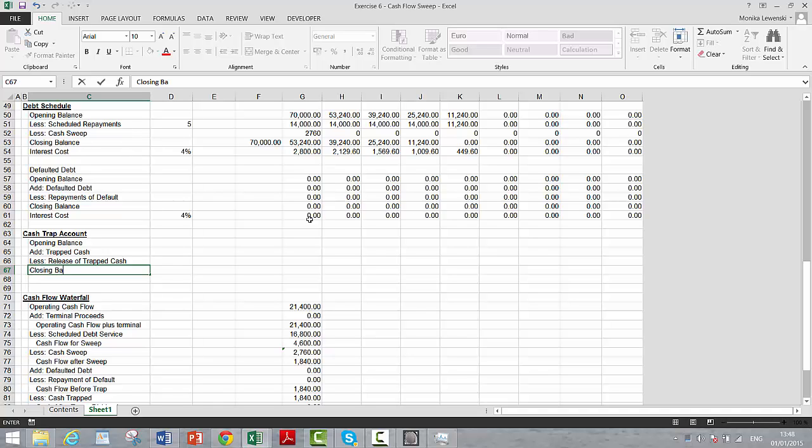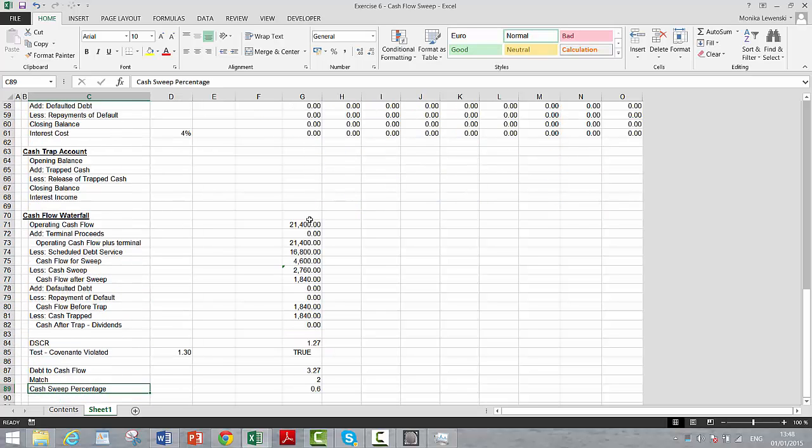Now what we need is, and then we can put an interest income, and then we're just about finished with our model.